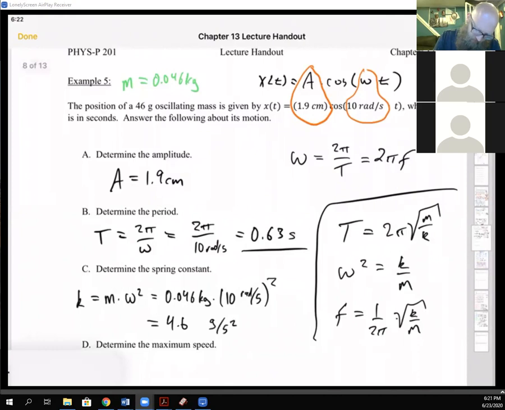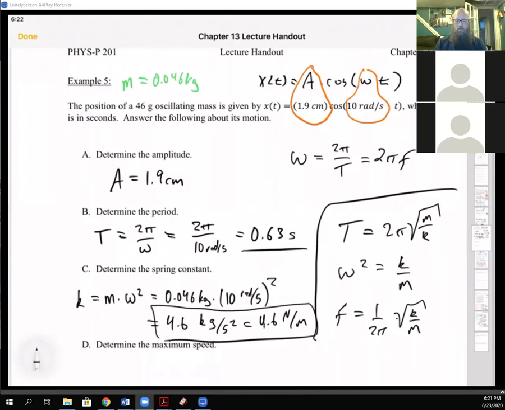Okay, but that doesn't feel like a unit that I'm used to, kilograms per second squared. The unit that we're used to is newtons per meter, but a newton is a kilogram meter per second squared. So if you divide a kilogram meter per second squared by a meter, you get kilogram per second squared. So either one of these is correct, but the newton per meter is a little more meaningful.